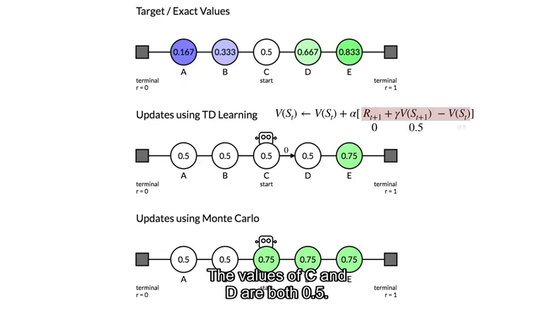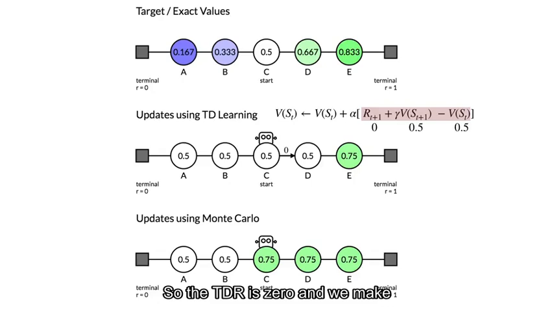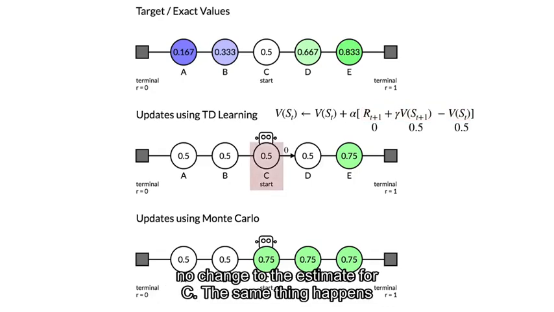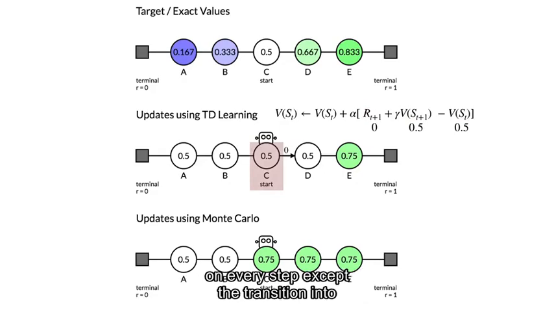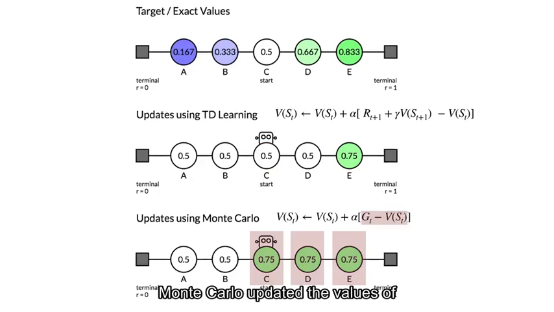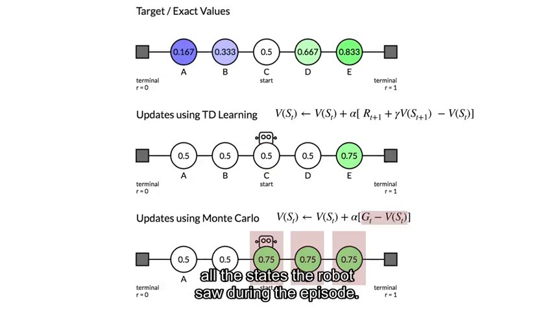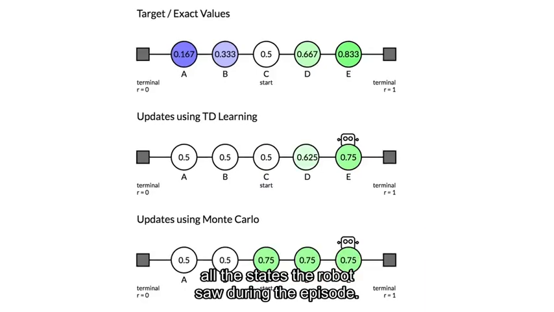The values of C and D are both 0.5. So the TD error is 0, and we make no change to the estimate for C. The same thing happens on every step except the transition into this terminal state from state E. In contrast, Monte Carlo updated the values of all the states the robot saw during the episode.